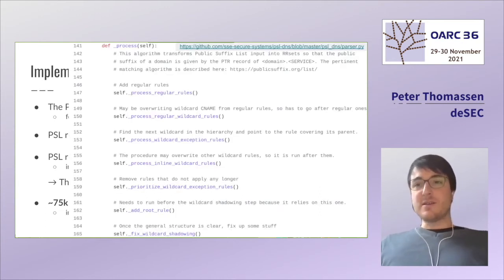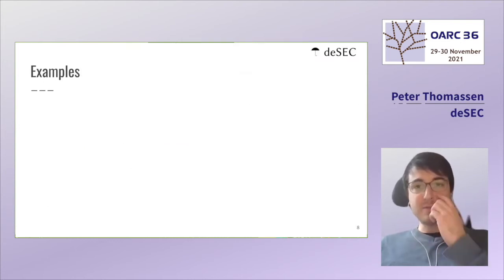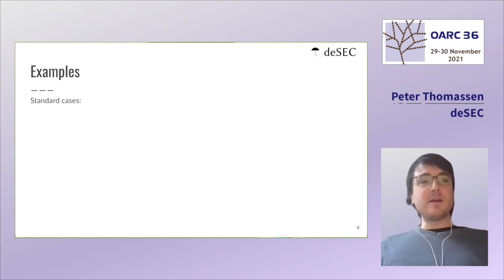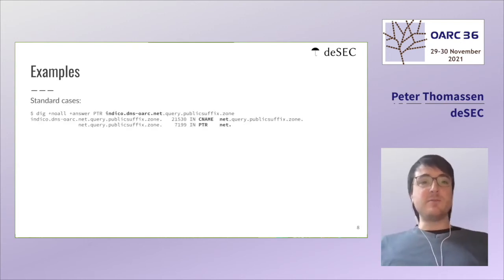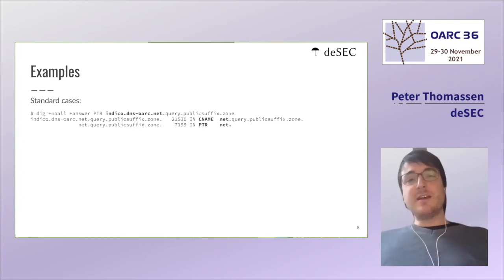Yeah, so this is a very quick screenshot of the code that does the central processing. It's just to illustrate how many steps there are, and essentially all of them correspond to one of the steps in the algorithm from publicsuffix.org. Here's a bunch of examples of how to do these lookups. So the standard case would be to do a PTR lookup on indico.dns-OARC.net.query.publicsuffix.zone.